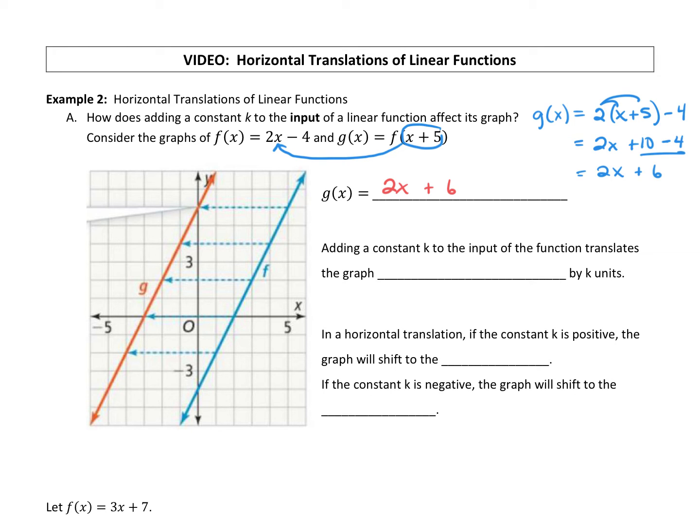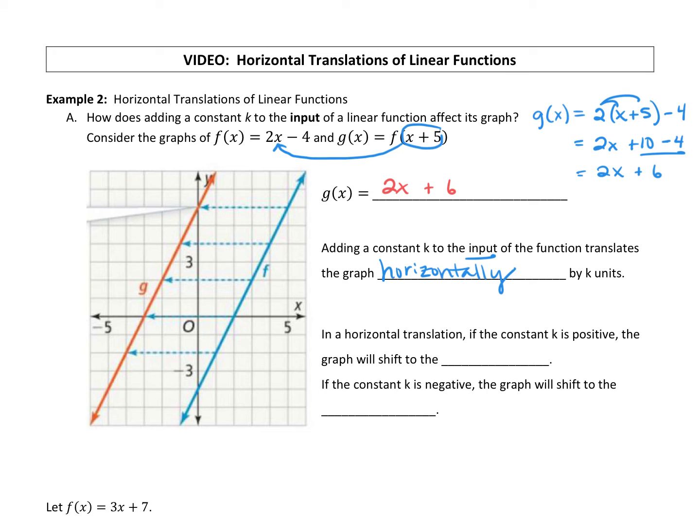So adding a constant k to the input of a function translates the graph horizontally by k units. I think that kind of makes sense. Our x's are the horizontal variable on a graph, and if we're adding a constant to the x's, it's going to shift your graph horizontally.